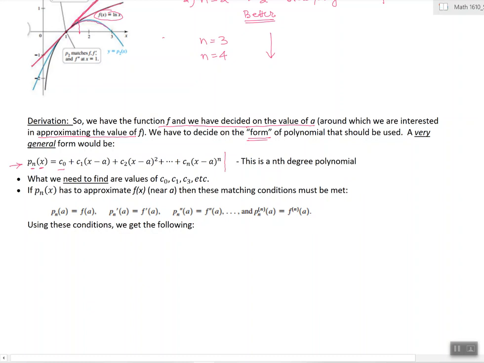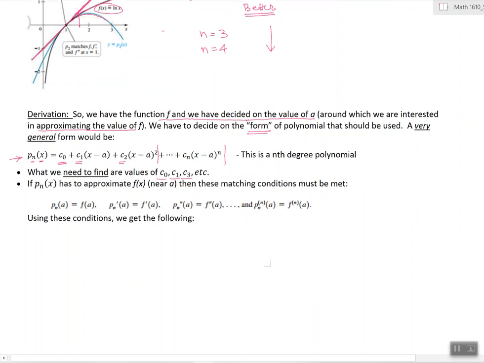If I had stopped here, this would have been a second degree polynomial. Okay, so now what do we need? We need to find the values of c0, c1, c2, c3, etc.